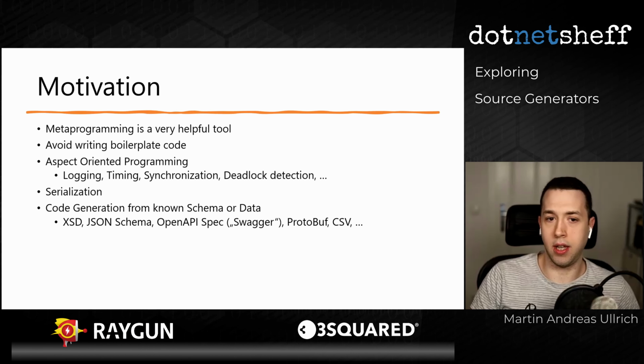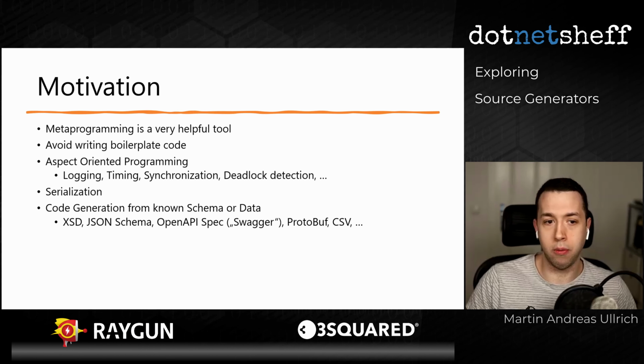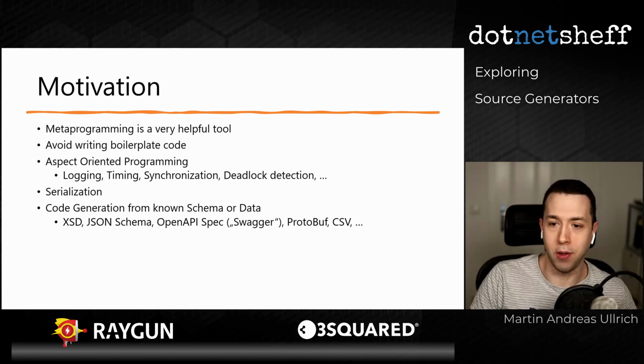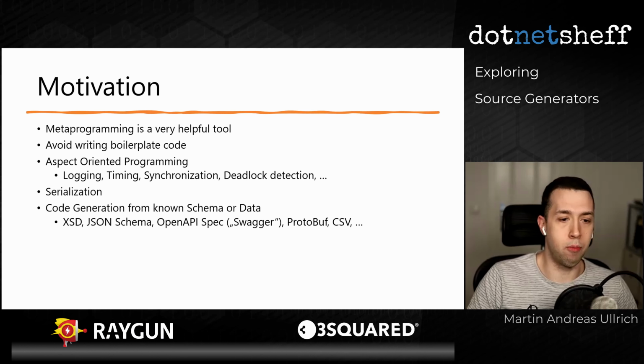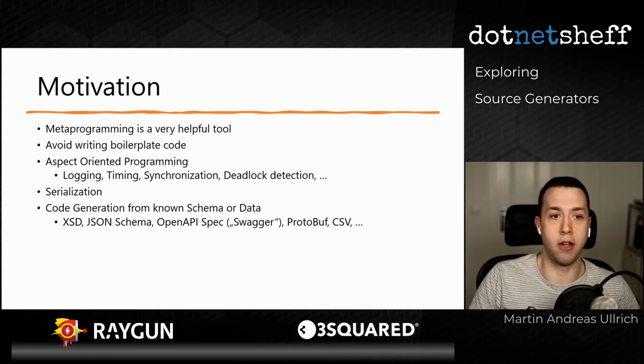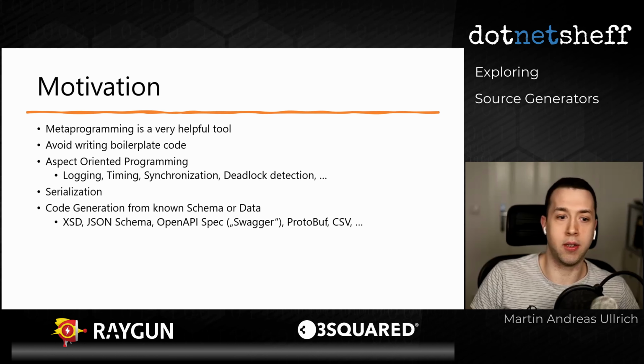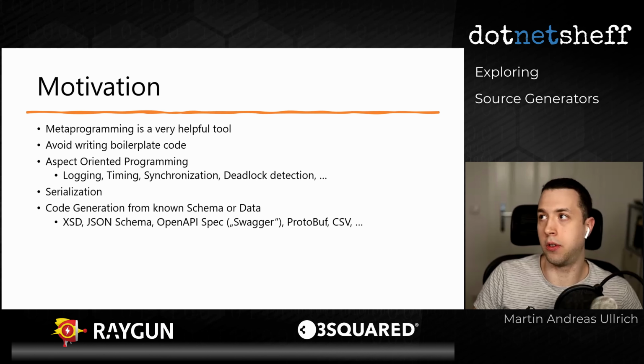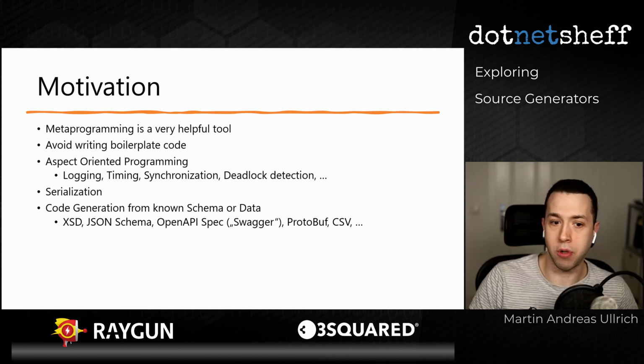My motivation for that is, metaprogramming is a very helpful tool. If you find yourself writing a lot of code, then a machine should write that code for you and not you yourself. Also, aspect-oriented programming is something that comes up a lot and is still hard to do in .NET. For me, usually the most useful use cases are serialization. So where I have new serialization formats, something like ASN1, for example, that is used also in intelligent infrastructure.